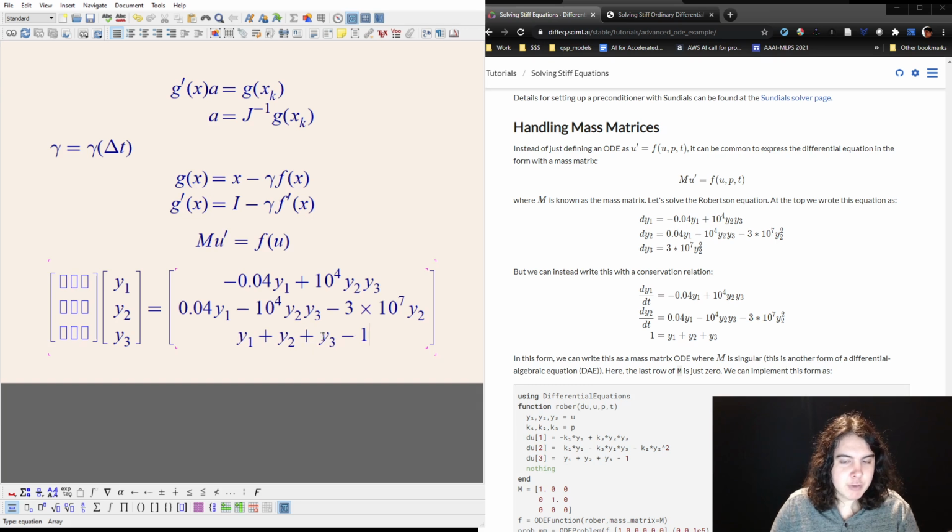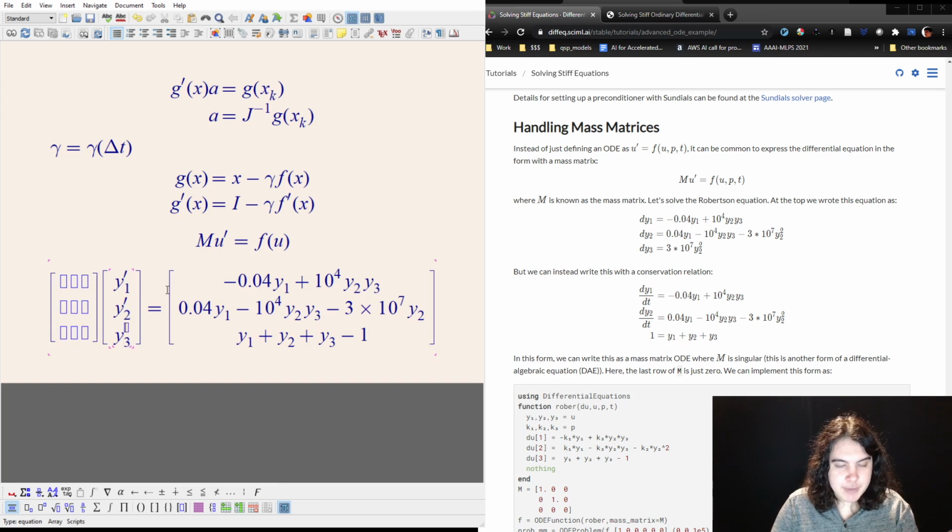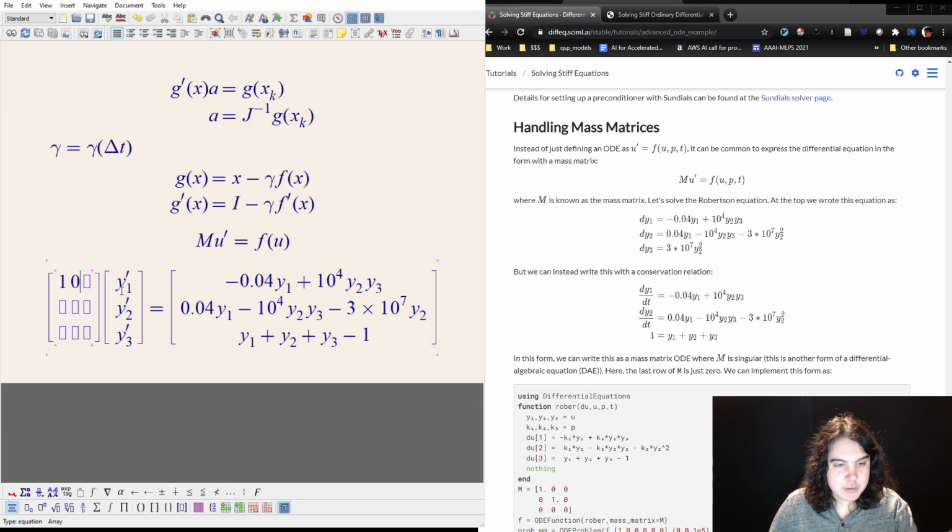Let's move the equals 1 to this side, so it's 0 equals this equation. Now let's do the matrix vector multiplication. We need dy/dt to show up over here. I'm sorry, this is y1 prime, this is y2 prime, this is y3 prime. If we want y1 prime equals this, then in matrix vector notation it'd be 1, 0, 0. We want y2 prime to show up in the second equation, 0, 1, 0.